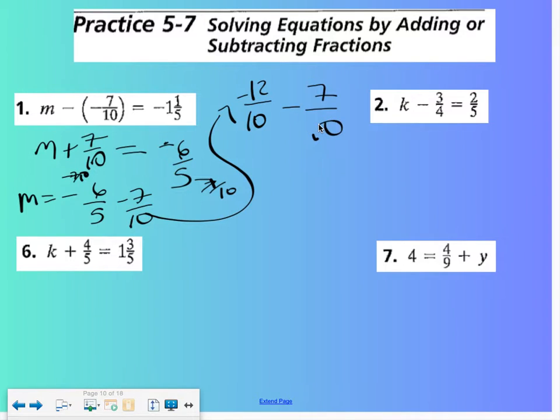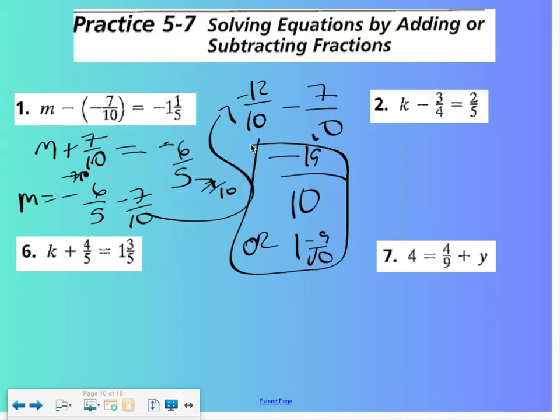All right, -12 minus 7 is -19, so the answer is -19/10. Or if you want, -1 9/10. But please remember that if you change it to that mixed number and you're incorrect, the answer is wrong. So you may as well keep it in an improper fraction if you know that is correct.